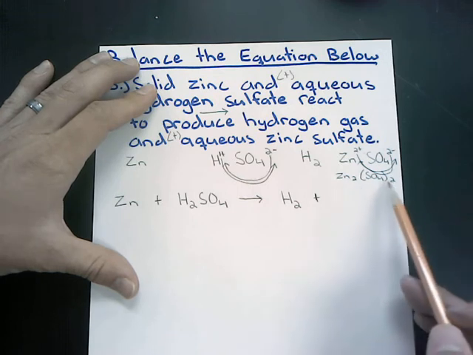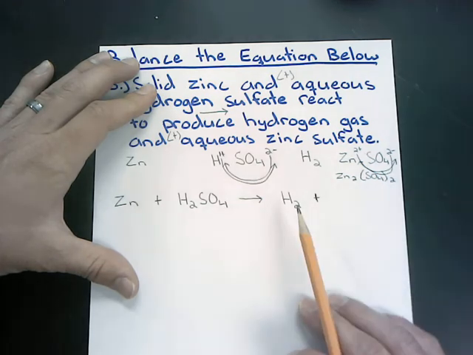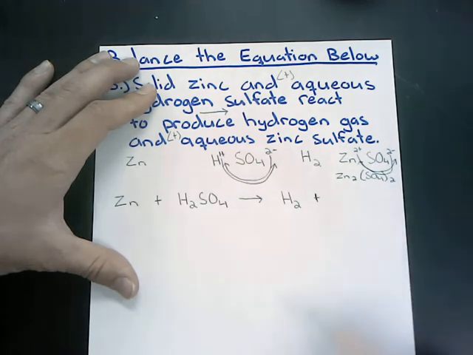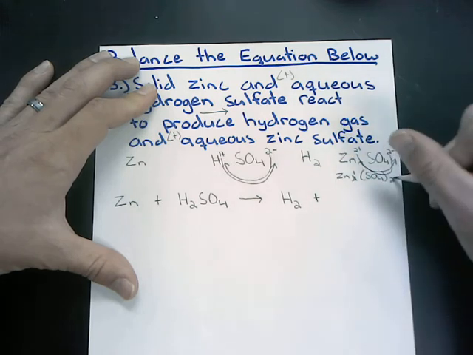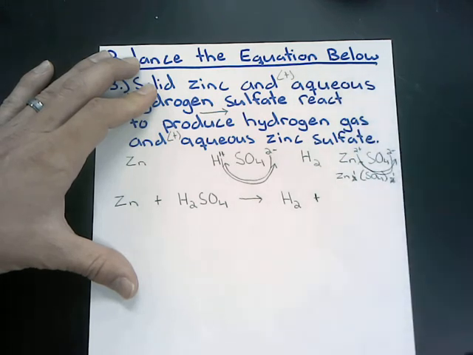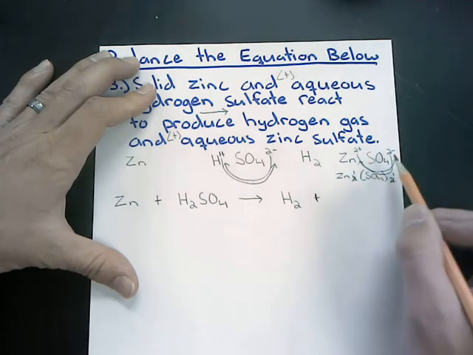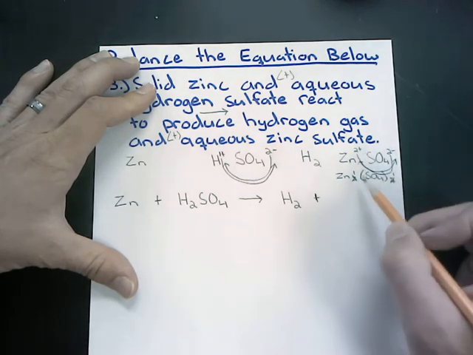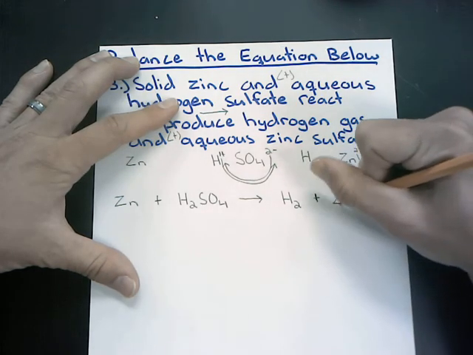What can we do with these 2's that are involved in the formula? We can cancel them out. So this will become a 1, which we don't write, and this will become a 1. And we only simplify if charges are involved, so only ionic compounds. So zinc sulfate, the formula for that becomes ZnSO4.